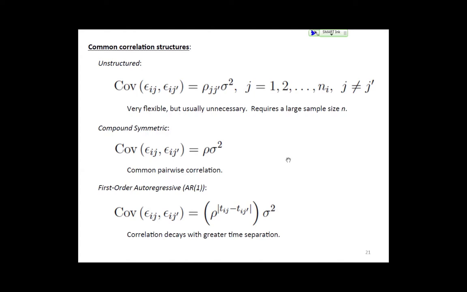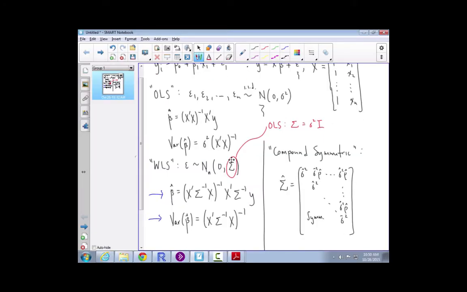Okay, so whenever you use software to do correlated data analysis, correlated data regression, often you'll be given a choice of a handful of named correlation structures. This is because if we're going to do correlated data regression, we have to deal with this capital sigma thing.